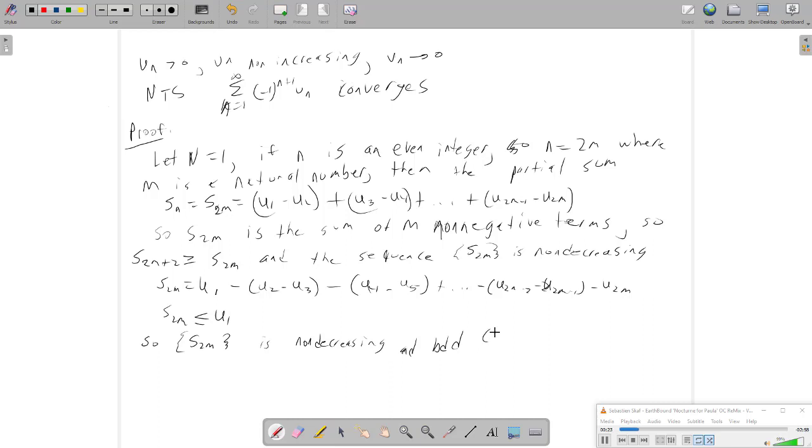So by the monotone convergence theorem, the monotonic sequence theorem, it must converge.